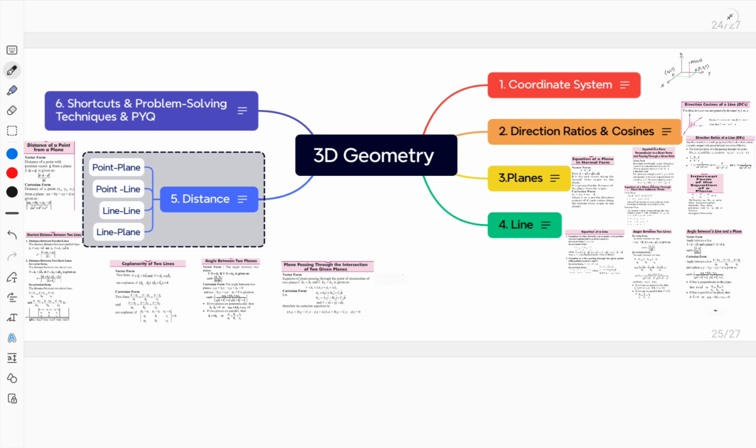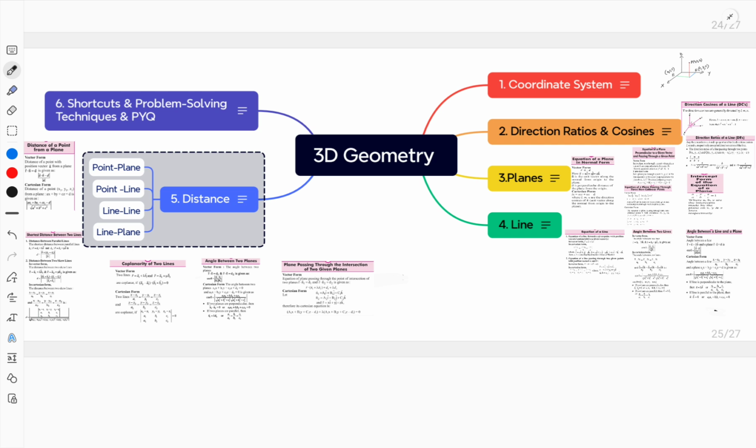The chapter is a small chapter with many concepts, but questions will surely come in Mains and Advanced. Once you understand the concepts, whatever question they give, you can answer easily. So it is a scoring chapter. Let's look into that mind mapping.